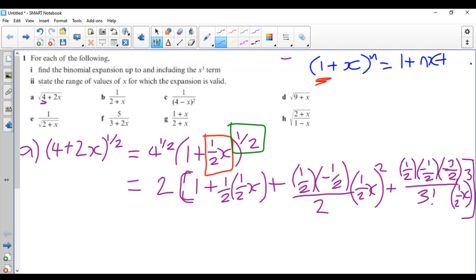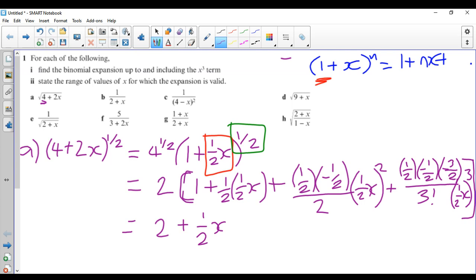There we go. So what you've done is that inside the square brackets is your standard binomial expansion that you've done several of in exercise 4a. So now all I need to do is multiply it out. So I have got 2. A half times a half is a quarter, times by 2 is a half. Again, stick it in your calculator. This isn't a mental arithmetic exercise.